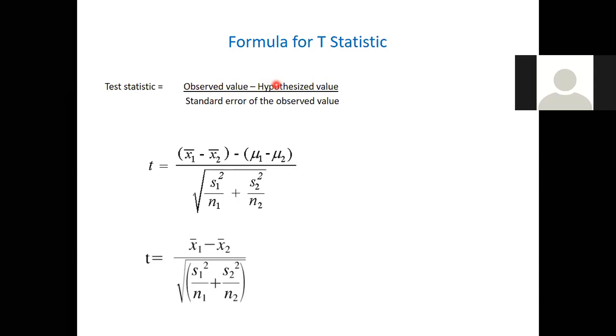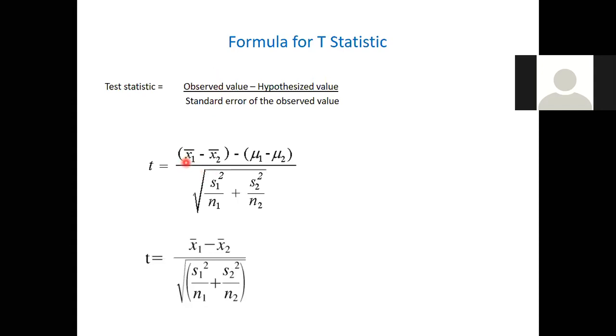So what you get is the observed value, what you observe. You do your study and you get that urban was 65 and rural was 60 in blood sugar. You have seen a difference of 5. That particular difference is called the observed difference, or you can call it the observed value.